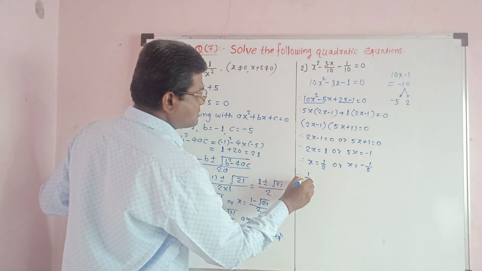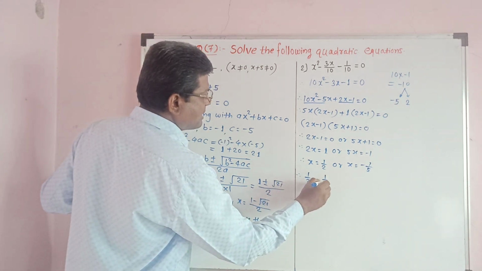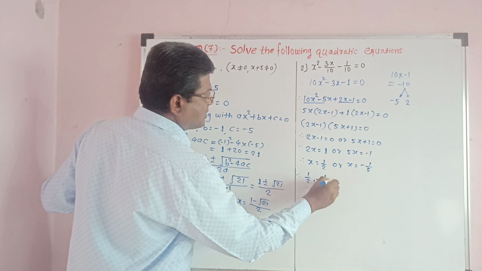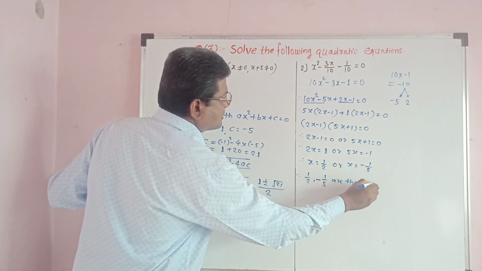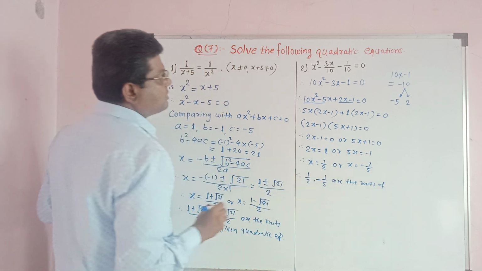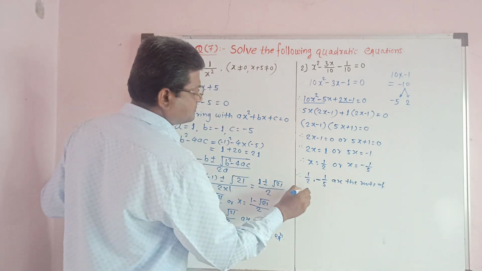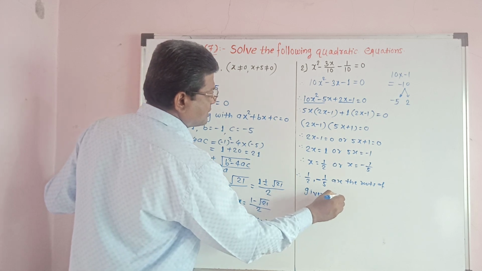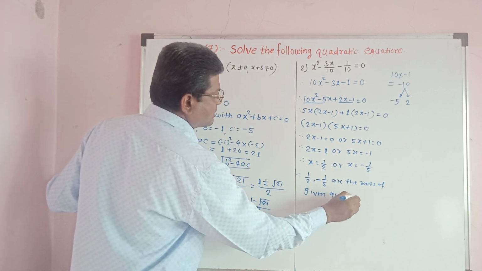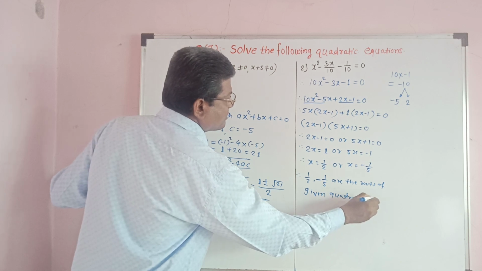Therefore 1 upon 2, comma, minus 1 upon 5 are the roots of given quadratic equation.